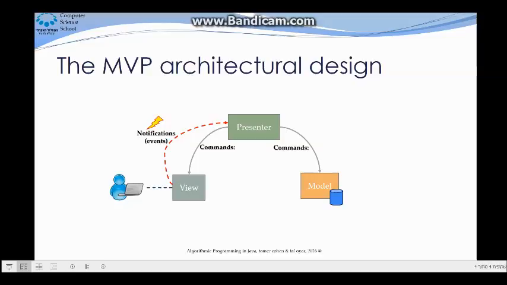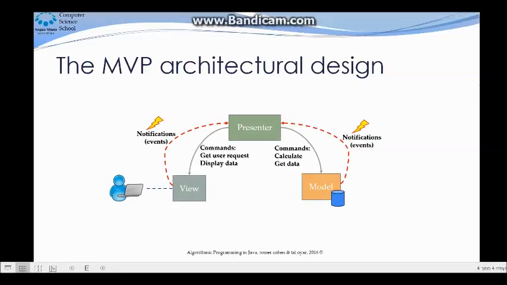Then the presenter will take the data and command the model what to do with it. When the model finishes all calculation and changes, it will notify the presenter again. The presenter then will take the data and command the view to display what needs to be displayed to the user. MVP design creates a complete separation between the view and the model.